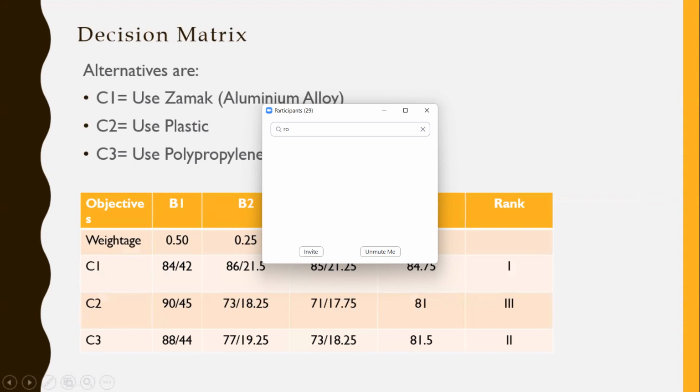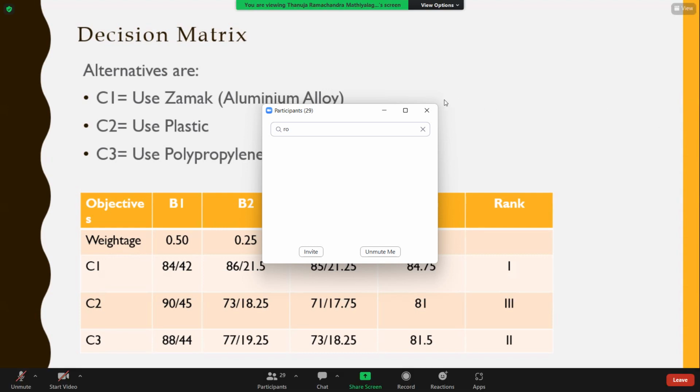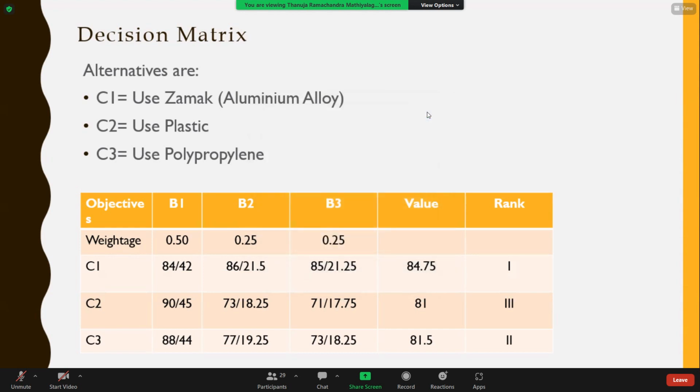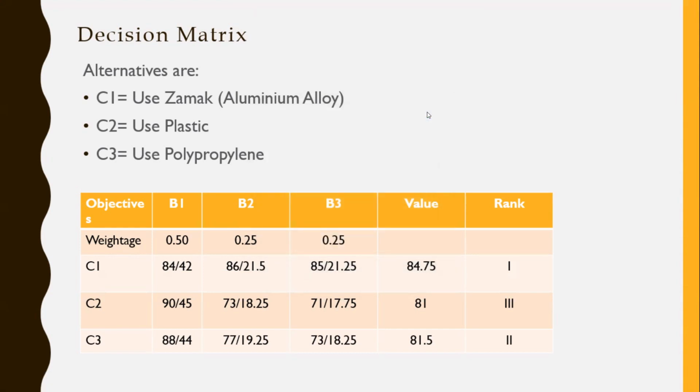So out of those 8 alternatives, 3 are taken for further analysis: use aluminium alloy, use plastic, use polypropylene. Okay. C1, C2, C3. And the weightages are given as 0.5, 0.25, 0.25, right?